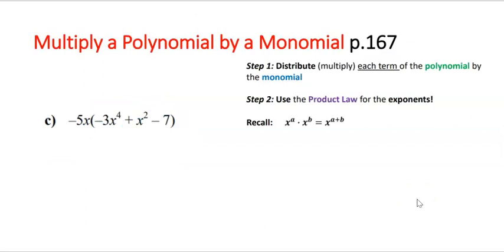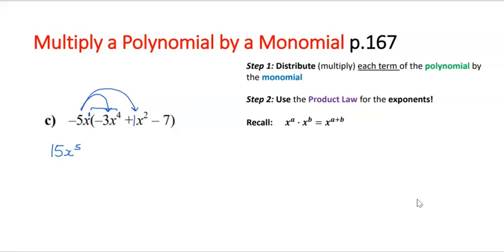Okay, so we're going to go ahead and multiply our first term. We're distributing the negative 5x. Negative 5 times negative 3 is a positive 15. This is x to the power of 1. We're going to add exponents. This will be x to the power of 5. Second term, we're going to multiply.